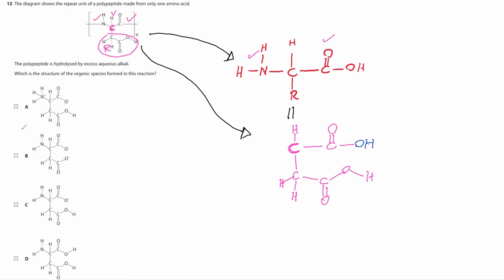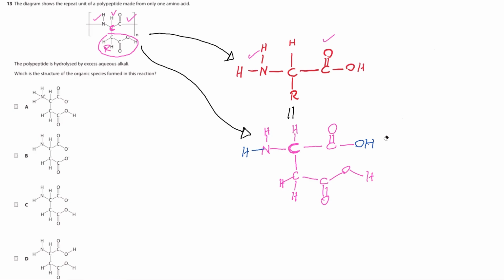We can also see in this structure there's an NH group. From the water molecule we get OH and hydrogen. H2O means 1 hydrogen and 1 OH group. So OH is here, and the hydrogen should be given to this nitrogen, so it becomes NH2. Now we got the amino acid.